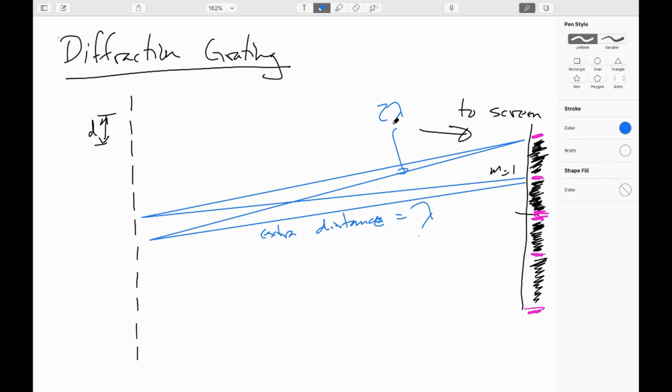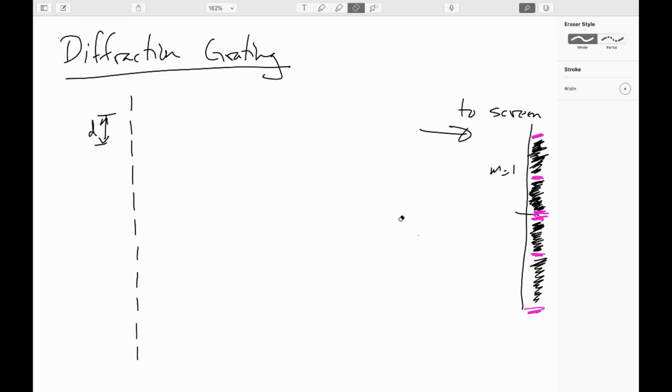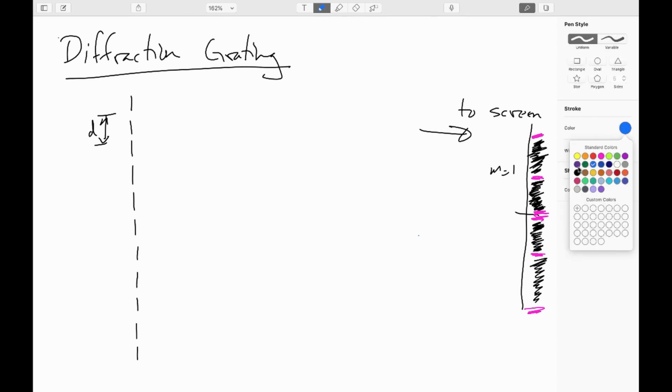Okay, but then again, the same logic applies. In a practical experiment, these slits are ridiculously close, much closer than they are even in typical Young's experiments. Very close together. And so you can look at any adjacent pair and say that the rays are basically heading out parallel. Do the same trick we did with Young's experiment.